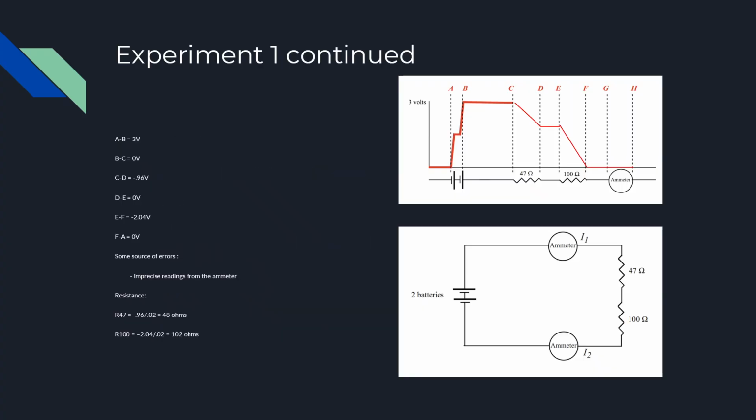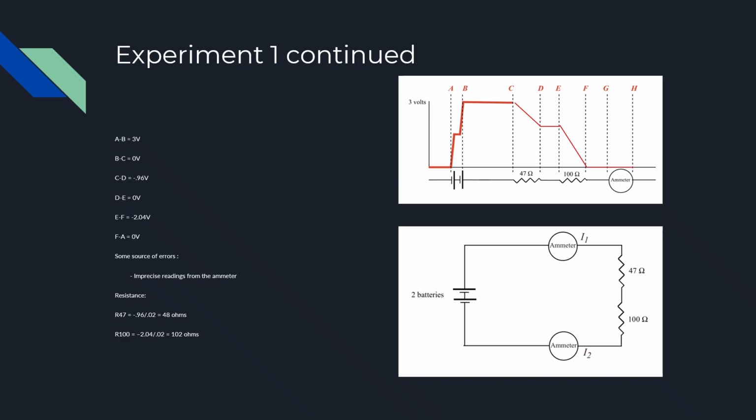Continuing on experiment 1, we found that the circuit gains its voltage from the two batteries from A to B, and then it travels all the way to the resistors without change. So from B to C, nothing changes.